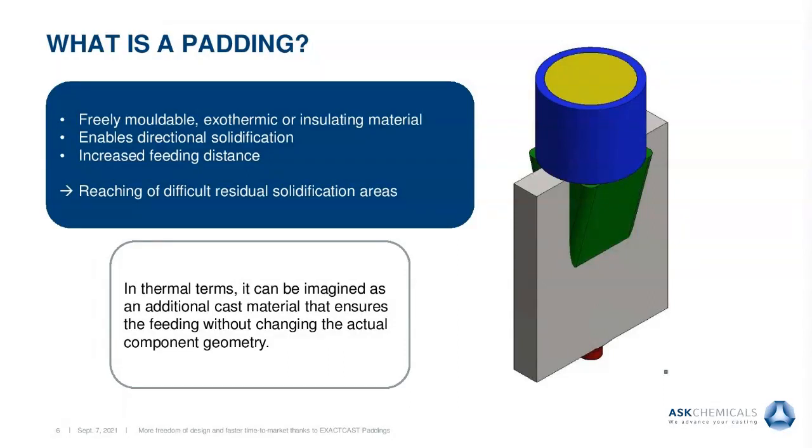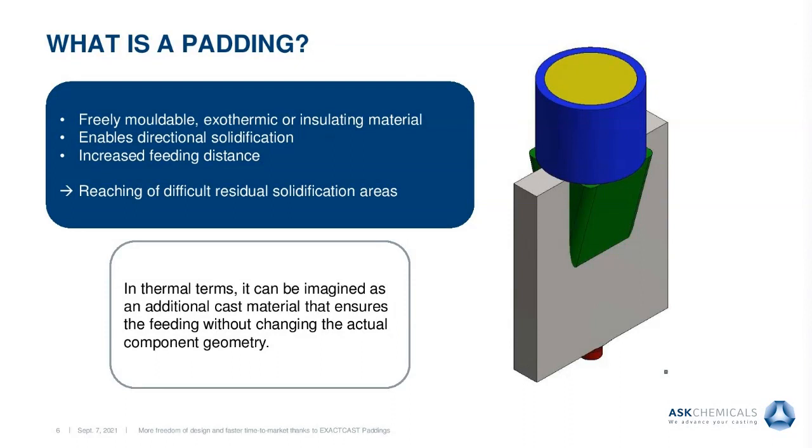That means it is an additional tool you have beside your well-known risers and chill iron designs you use day by day in your foundries. So with this kind of padding, this is made of insulating or exothermic material.